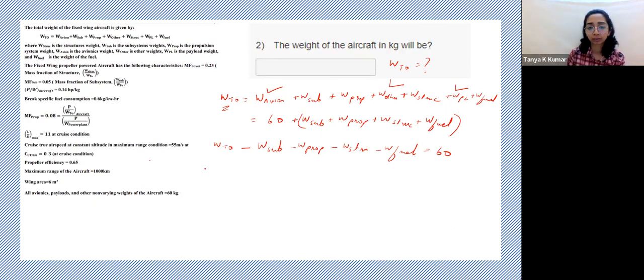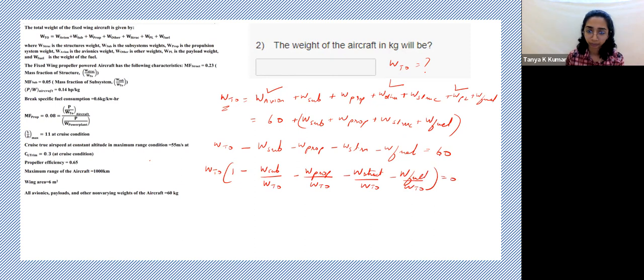So I take out the WTO common. So what do you get? 1 minus subsystem upon W takeoff minus propeller upon W takeoff minus W structure upon W takeoff minus weight of the fuel upon W takeoff equal to 60.